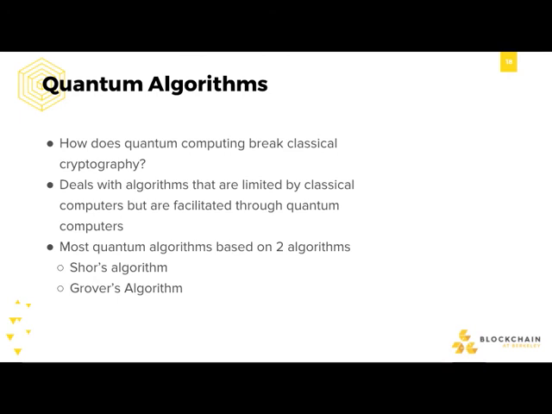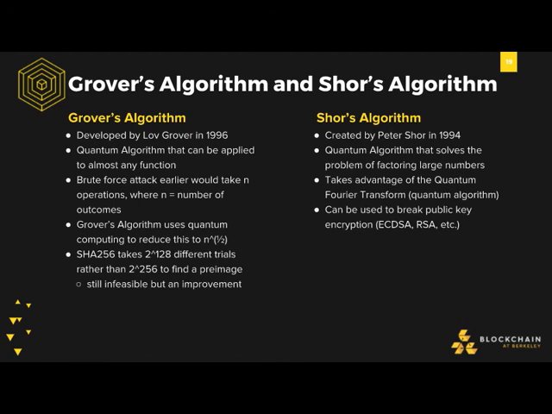So most of these algorithms are based on two different algorithms, which are Shor's algorithm and Grover's algorithm. Grover's algorithm was developed by Lov Grover in 1996, and it's basically a quantum algorithm that can be applied to almost any function. So let's say you have SHA-256.